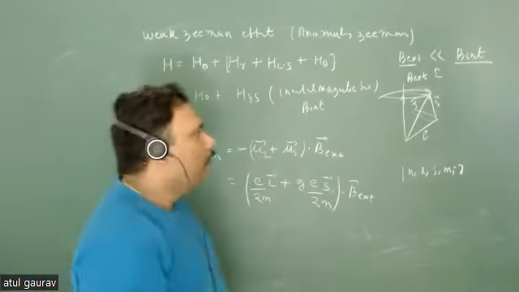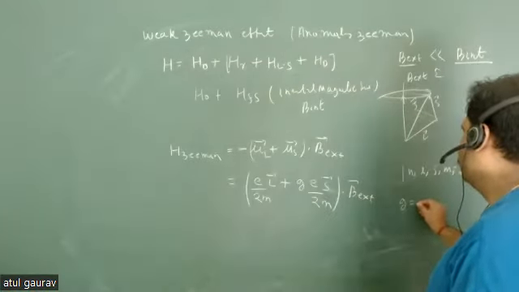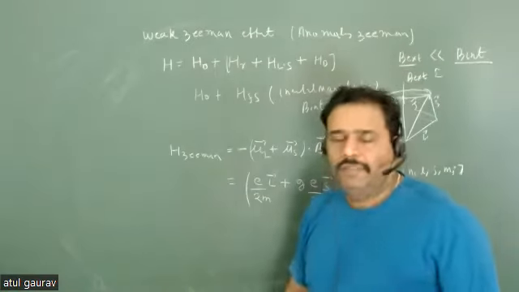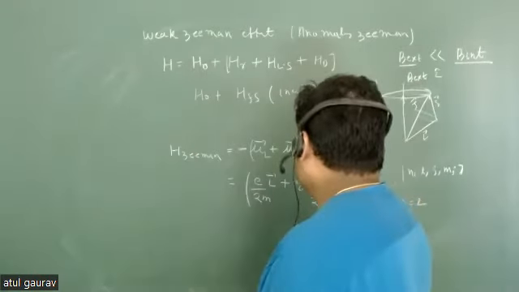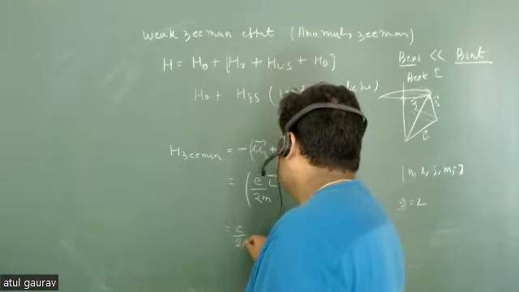And what is the g value? Obviously, the g value is identified as 2 for basically a spin half particle or electron. So now in the whole thing we can take e upon 2m common.